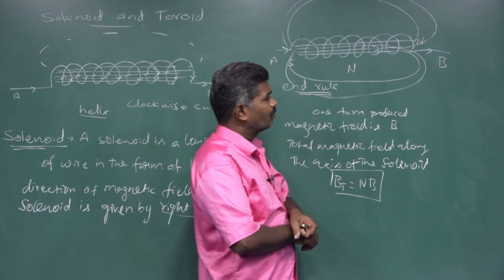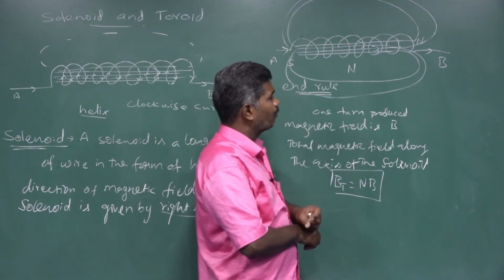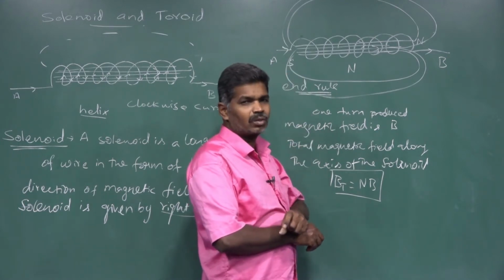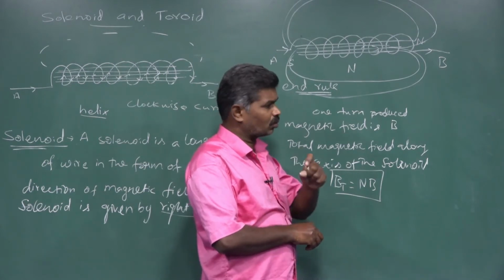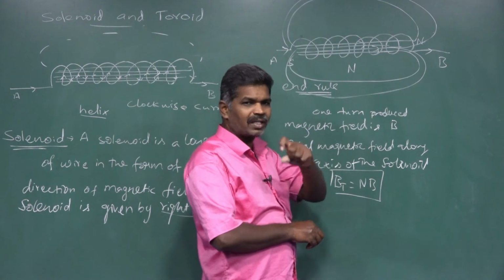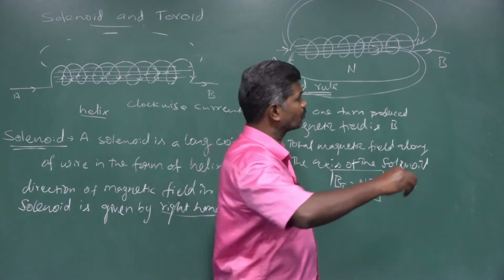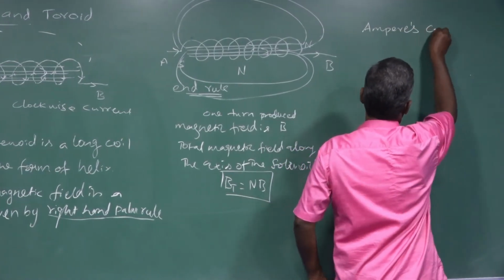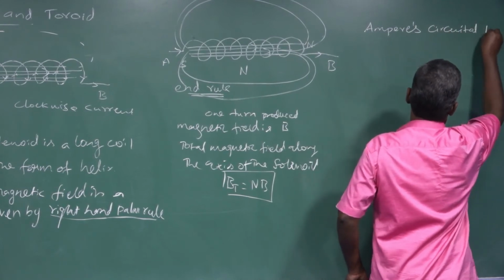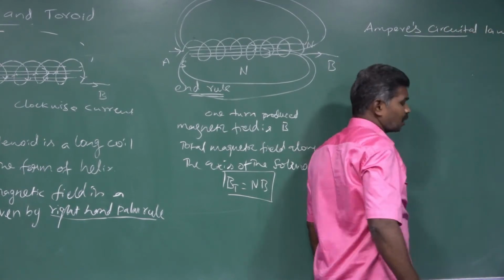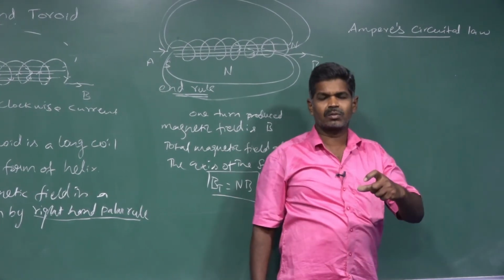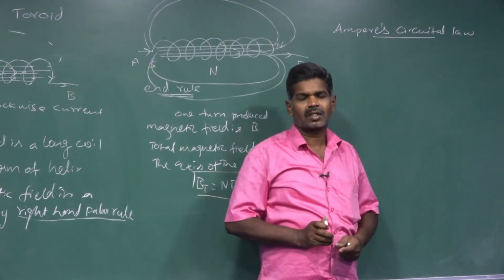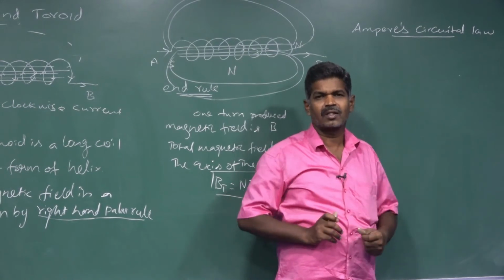After that we are going to calculate the magnetic field along the axis of the solenoid. For that we are going to use Ampere's Circuital Law. So we want to define Ampere's Circuital Law very clearly. This law is applied to find the magnetic induction for current carrying conductors.